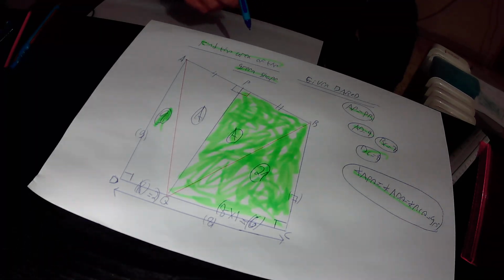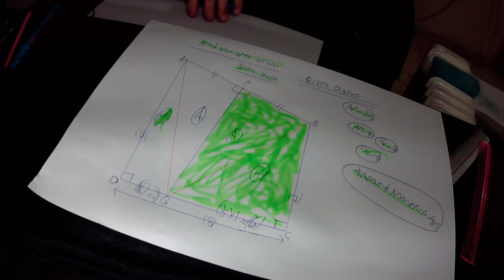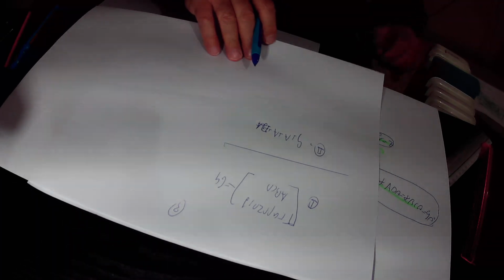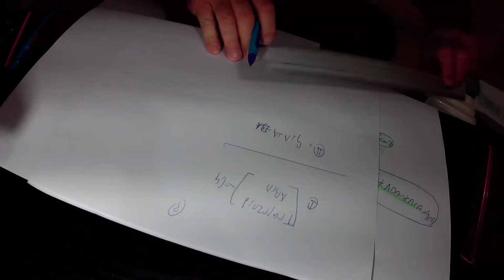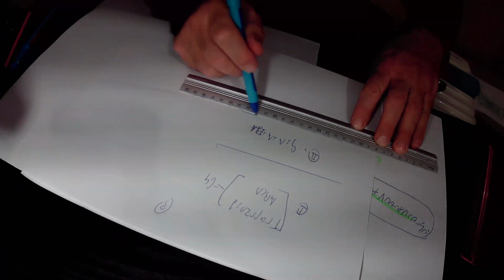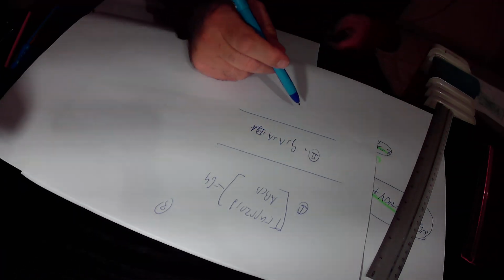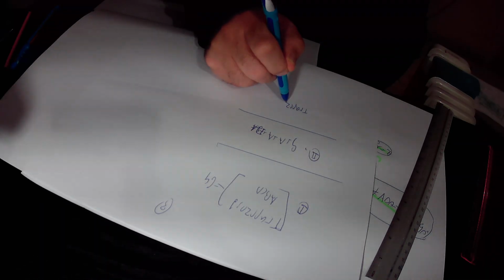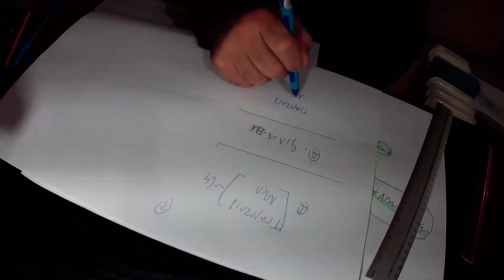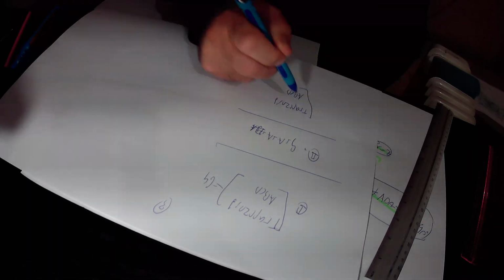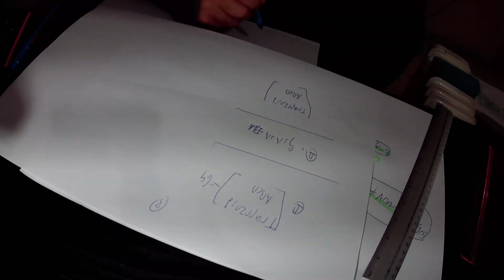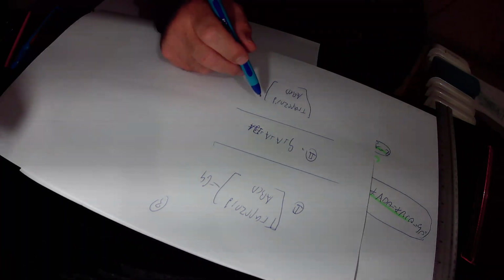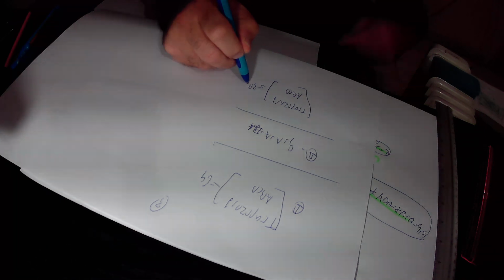And again, the area of this big trapezoid ABCD equals 9 plus A plus A plus 21. 9 plus 21 is 30, and A plus A is 2A.